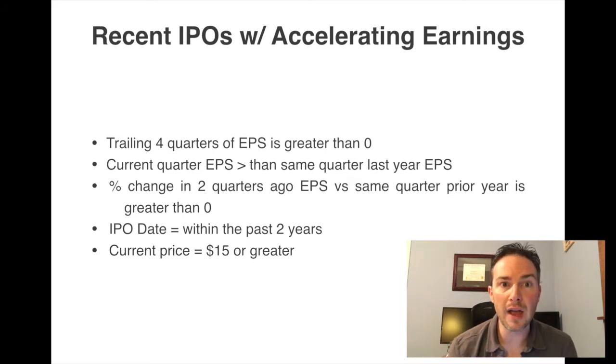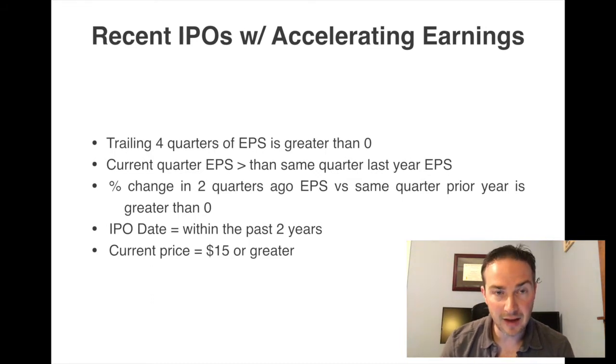The reason why is because many of the larger mutual funds, pensions, institutions, etc., they only look at stocks that are trading at least $15 or greater. Some of them have rules that dictate the minimum price at which they could buy stock.